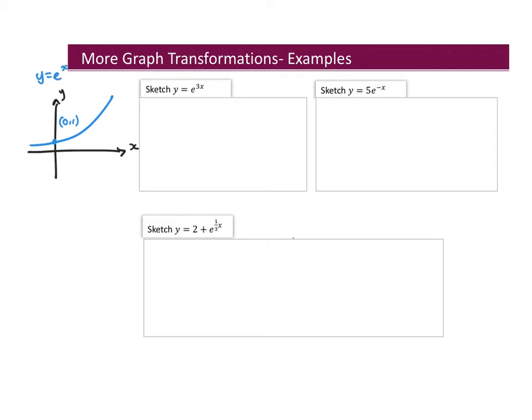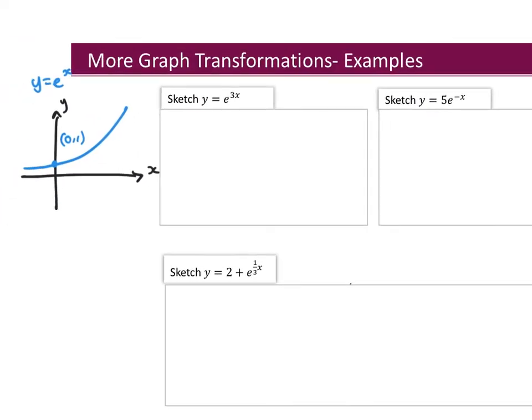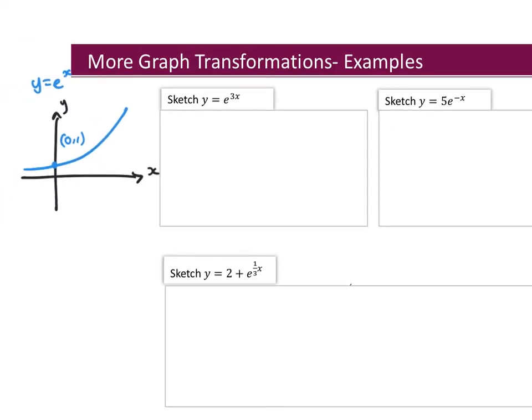Now how we sketch these graphs is we look at the equation. It says sketch the graph y equals e to the power of 3x. What have we done to the function? Is it inside or outside the bracket? Inside the bracket. This is actually the function of 3x.